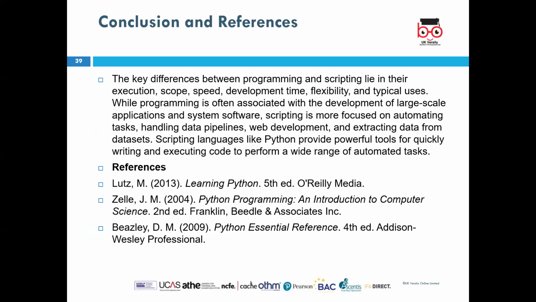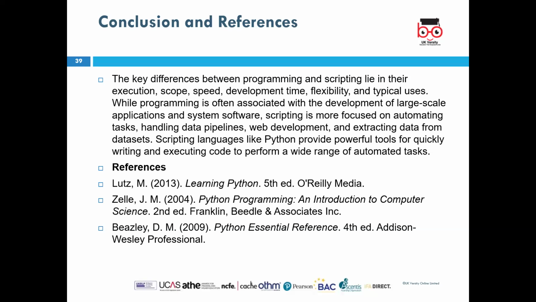To conclude this session, the key differences between programming and scripting lie in execution, scope, speed, development time, flexibility, and typical uses. Programming languages are often associated with the development of large-scale applications and system software.